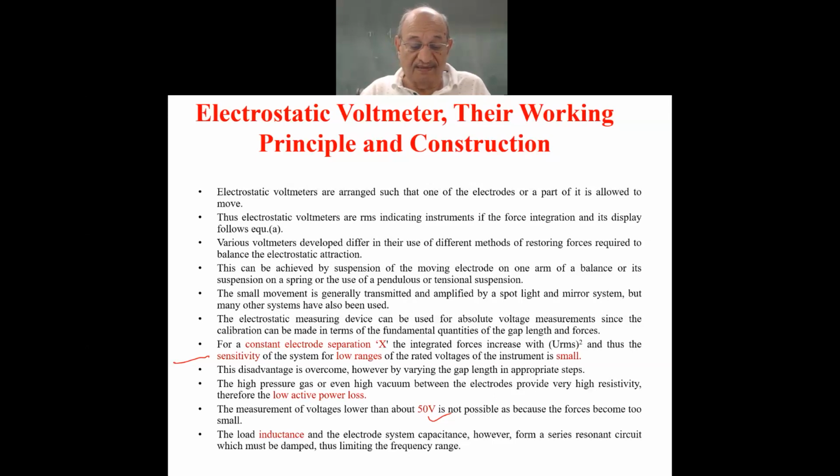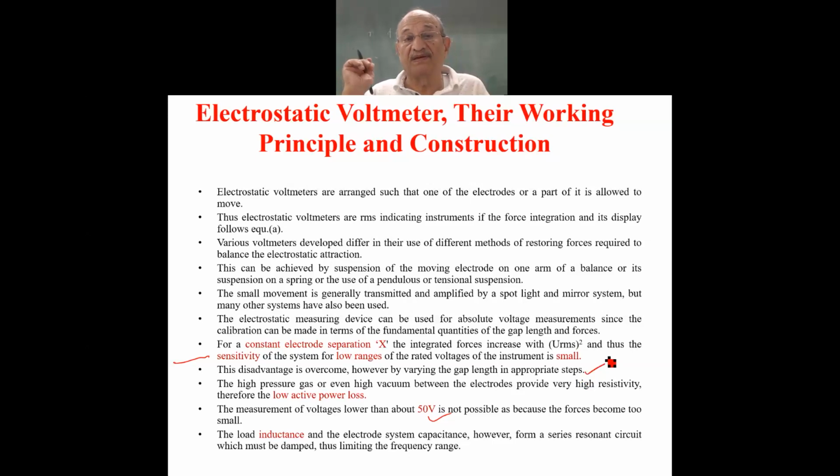Then the other disadvantage is that, yeah, I mean the range problem has been overcome. The disadvantage I mentioned here, you can overcome by varying the gap length in appropriate steps.